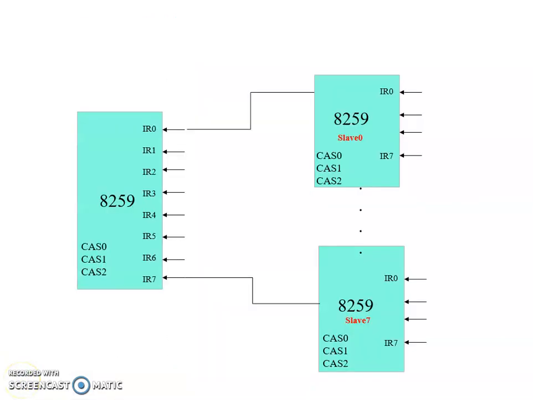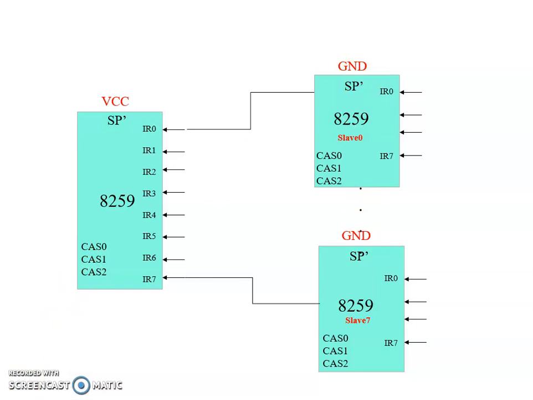The SP bar pin of the master PIC is connected to plus 5 volt. So you can see here, if this is a master, the SP bar pin is connected to VCC or plus 5 volt, and the SP bar pin of the slave PIC is connected to ground. So these are the slave PICs, and the SP bar pin is connected to ground.